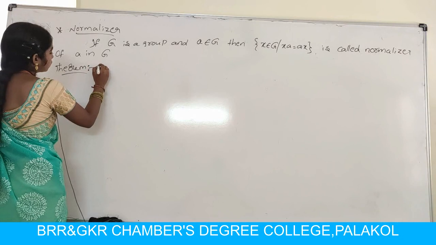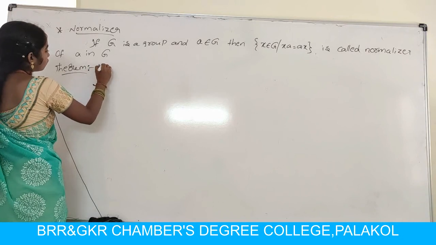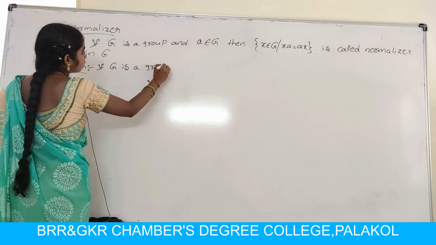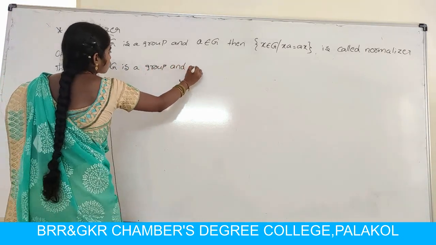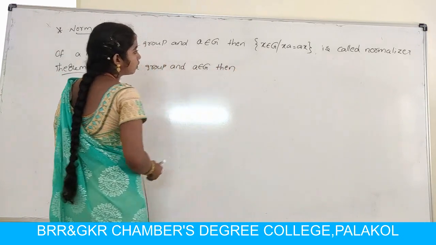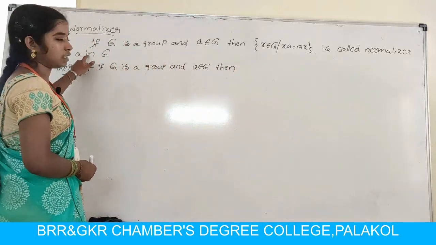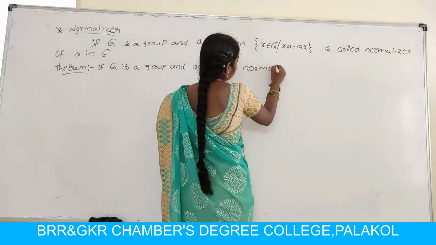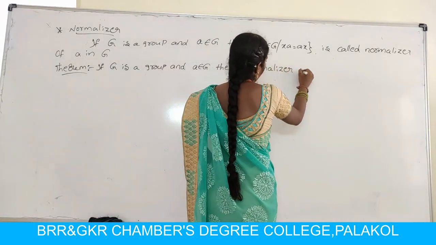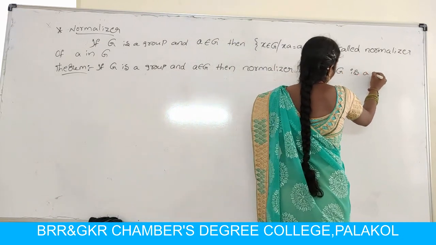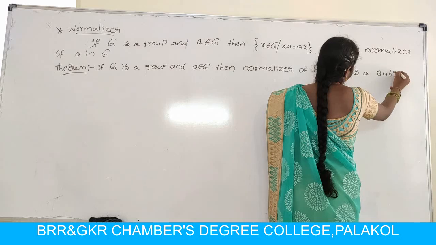The theorem statement is: if Z is a group and A belongs to Z, then the normalizer of A in Z is a subgroup of Z.